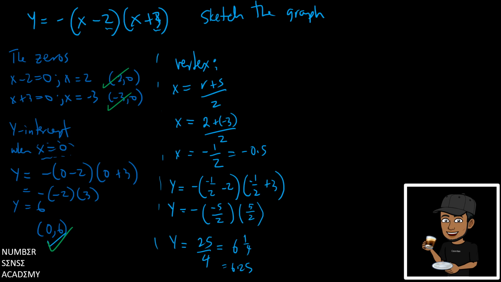So the vertex is going to be negative 1/2, or negative 0.5, and 6.25. All right. So now let's see what I need. Do I need some big values? Okay, I need a positive 6. That's the y-intercept. The vertex is at negative 0.5, 6.25.